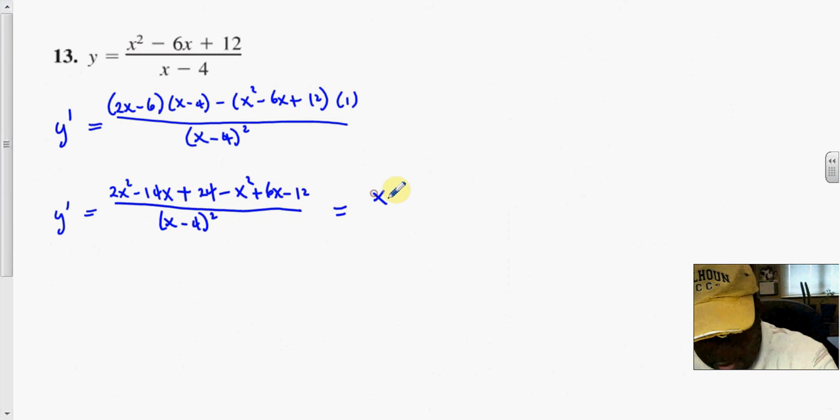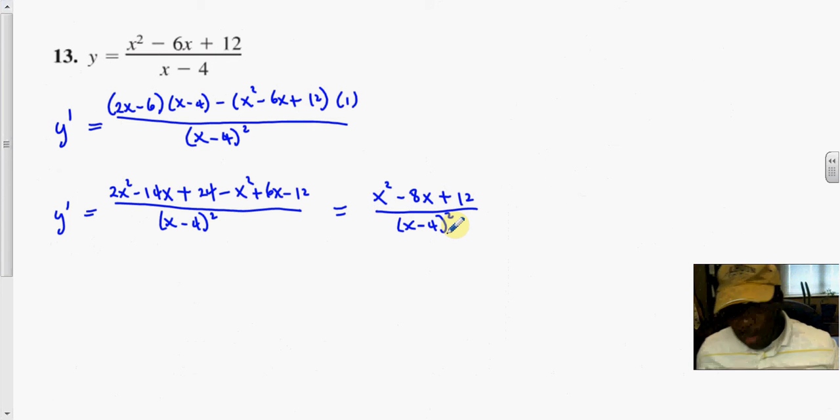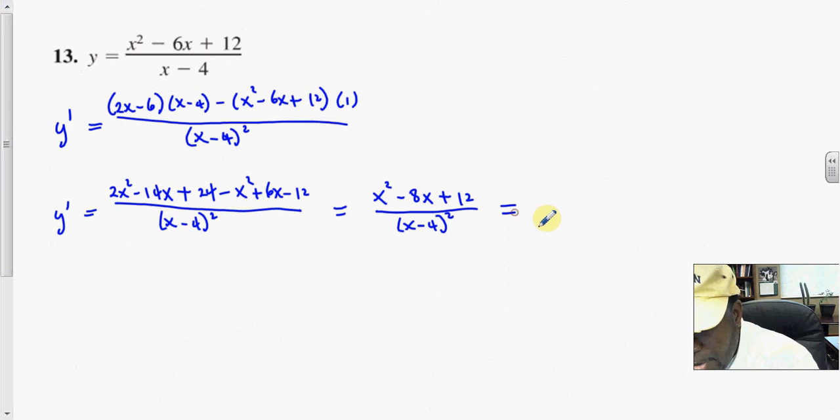So here we get x squared minus 8x plus 12 all over (x minus 4) squared. And can we factor that numerator?